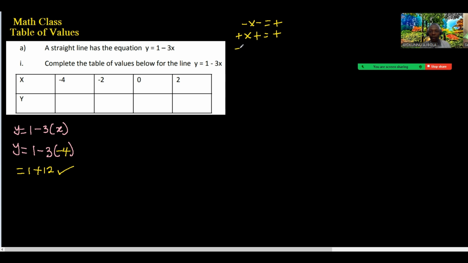But when you have opposite signs multiplying, like plus and minus or minus and plus, it is going to be negative. Is that clear? Okay, good.